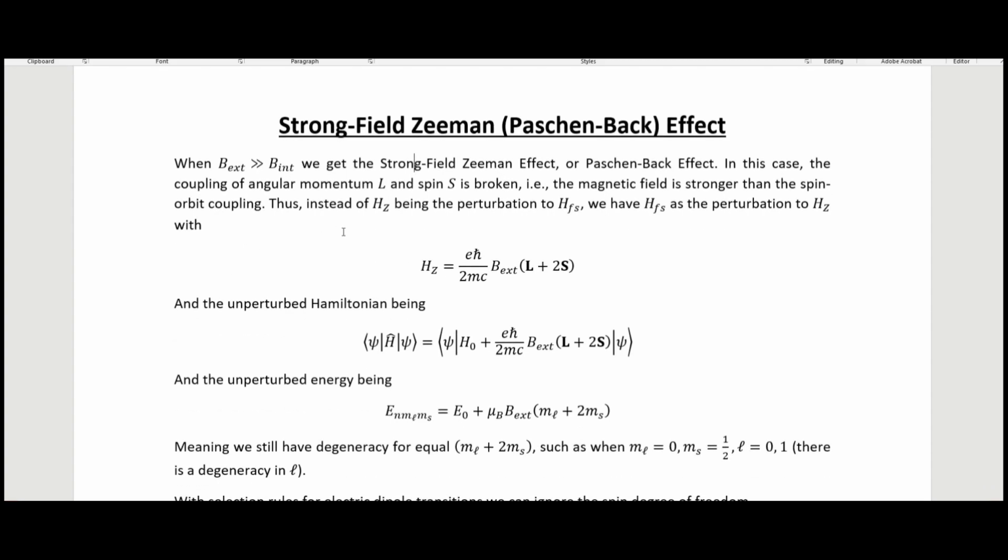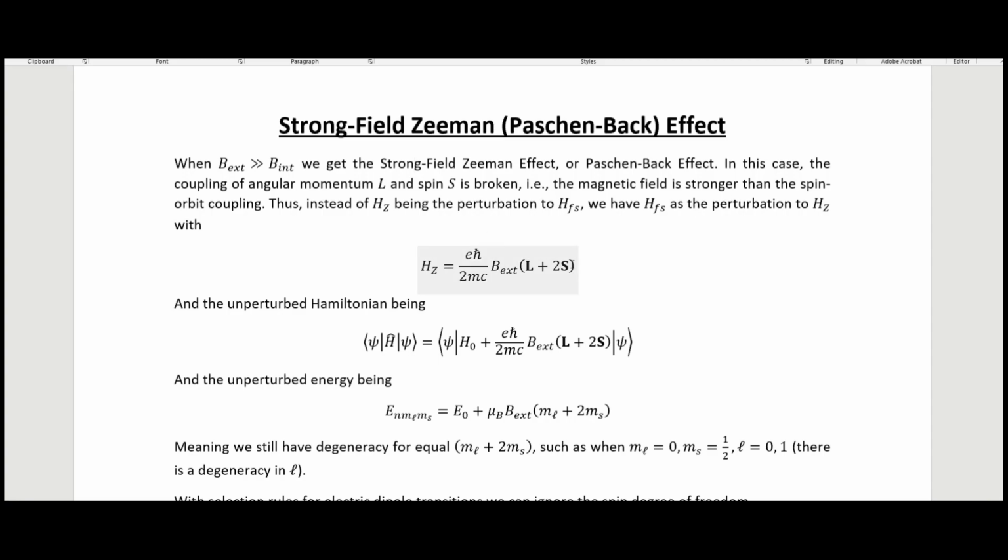And so in this case, we instead use this H_Z Hamiltonian as the perturbation. Instead of this being the perturbation to the fine splitting, we have the fine splitting as the perturbation to this.